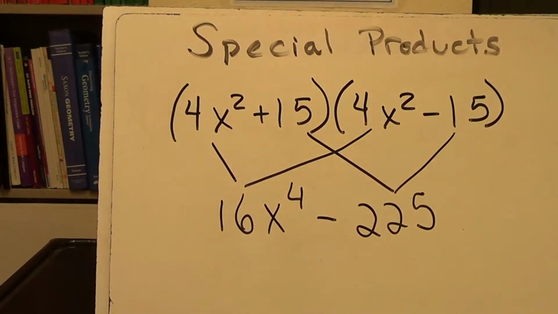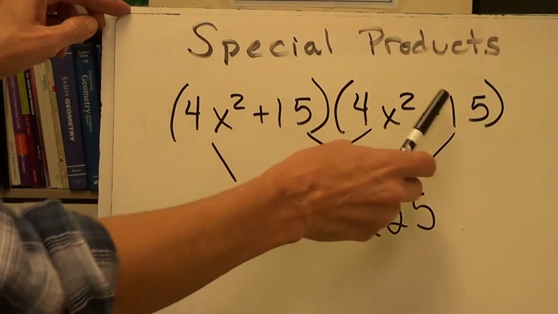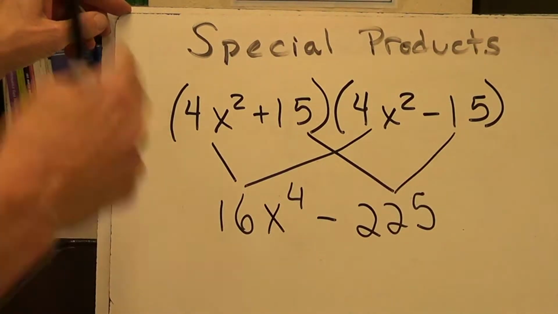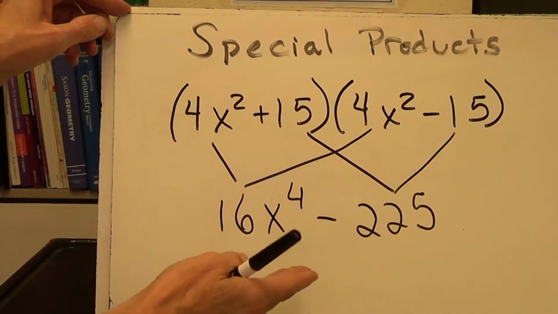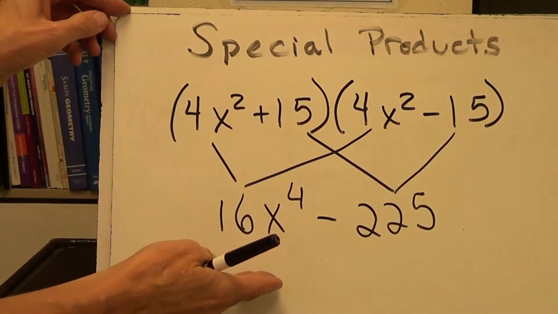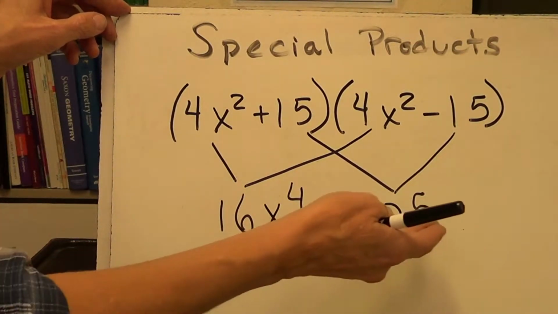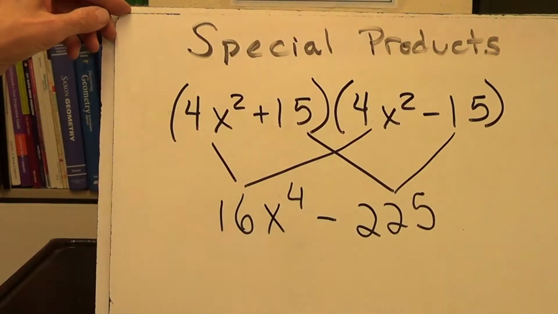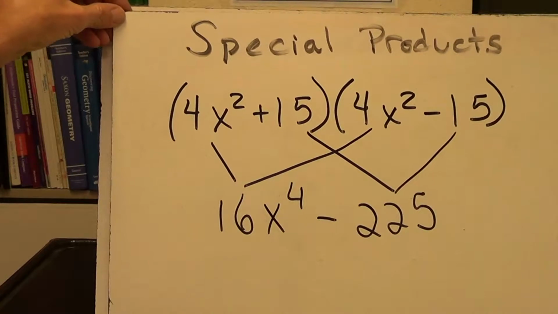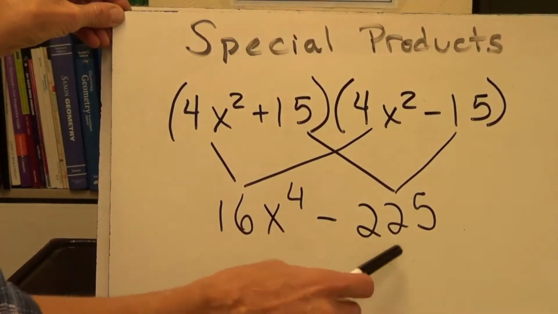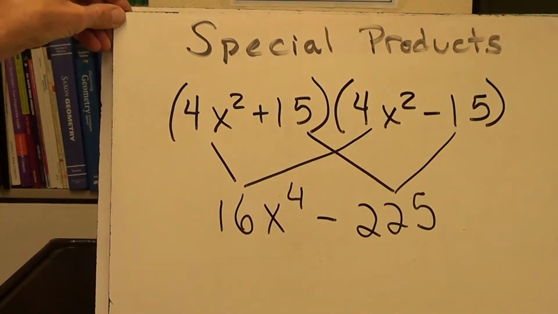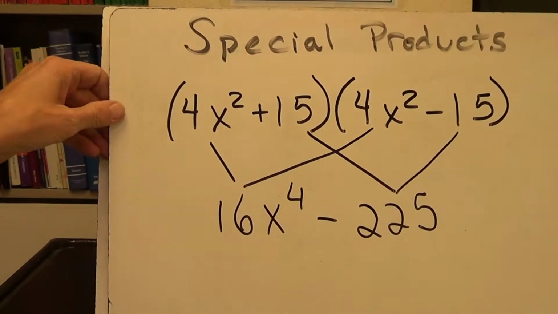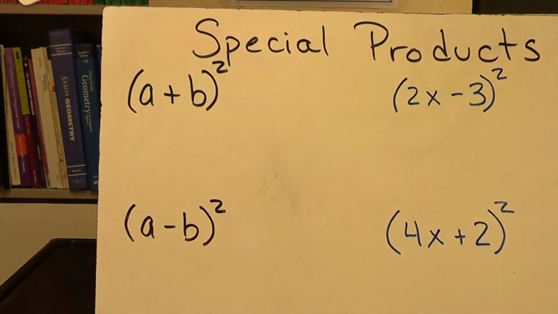So that would be a negative, because positive times negative is negative. So this is called a difference of two squares. Anytime you see a difference of two squares, where it's a perfect square number minus a perfect square number, you know you should factor them right into conjugates. Take the square root of this one, square root of that one, and put them into conjugates. You'll be practicing that in factoring.